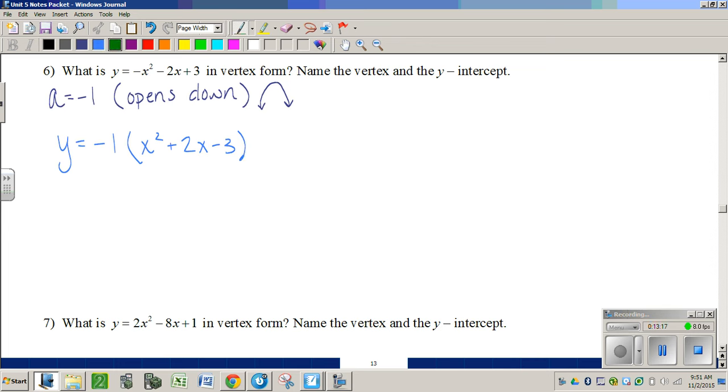Now I'm going to do my completing the square steps on just what's inside my parentheses here. What I like to do is build a bracket, and then I have my room to work, and then I can go back and take care of the negative 1 at the end. So inside my bracket here, I'm going to do my completing the square steps.